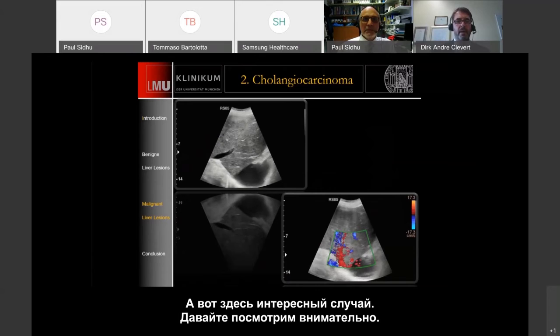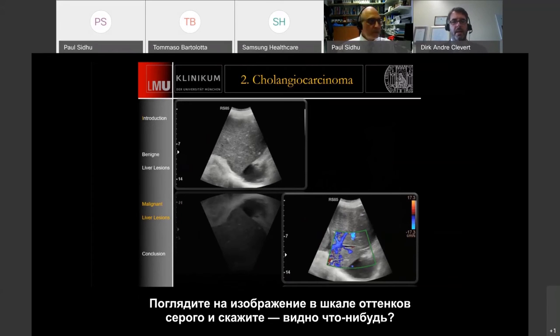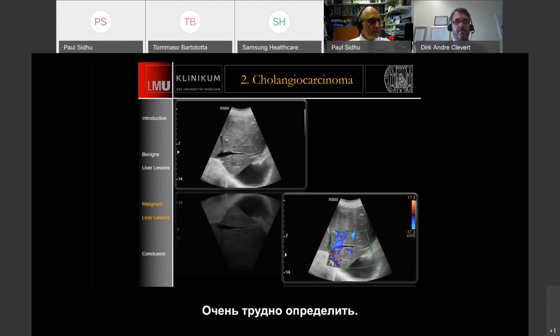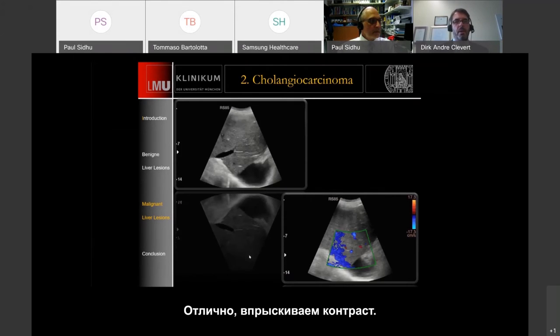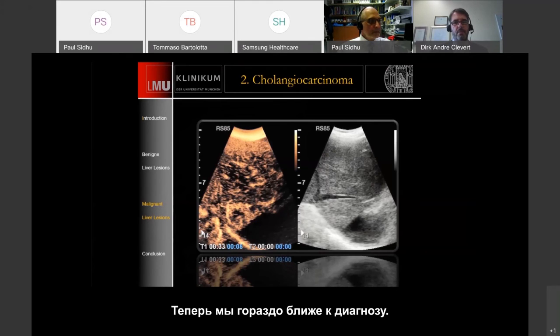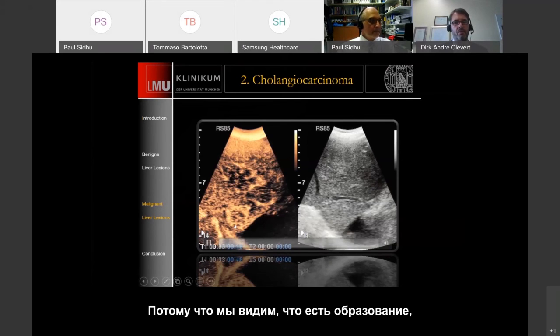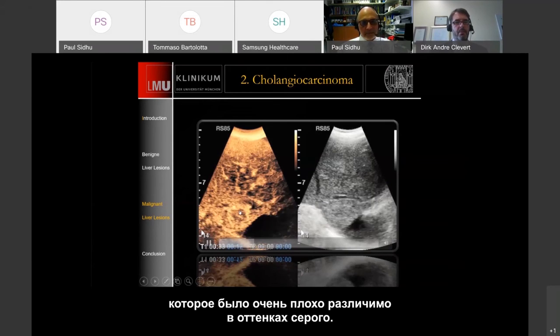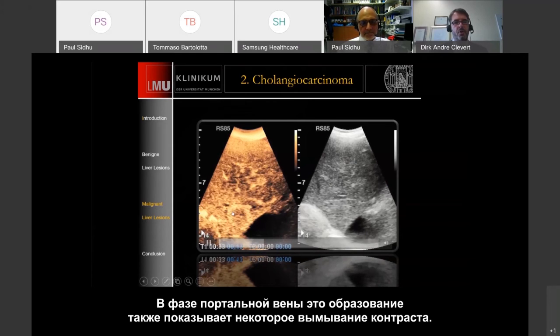Also here, a very interesting case. So you can take your time, look carefully at the grayscale and ask yourself, do you see a lesion? Very difficult. Okay, we inject contrast. Now we will get much closer to the diagnosis because you see there's a lesion which was not really clearly seen in the grayscale. This lesion also shows a slight washout in the portovenous phase.